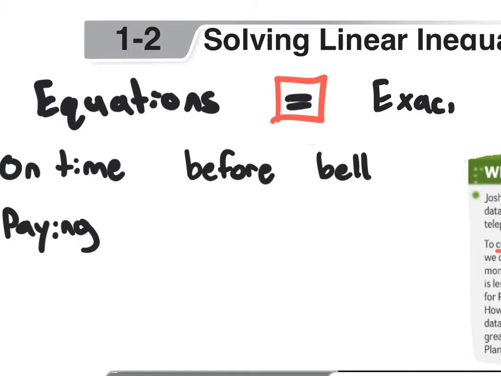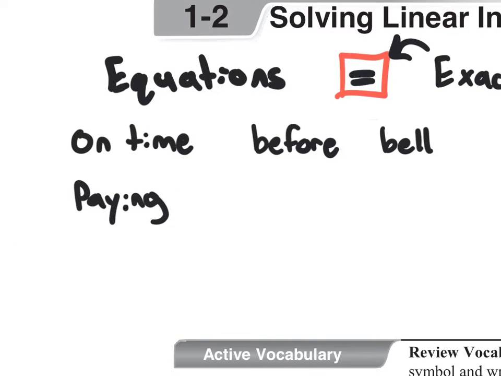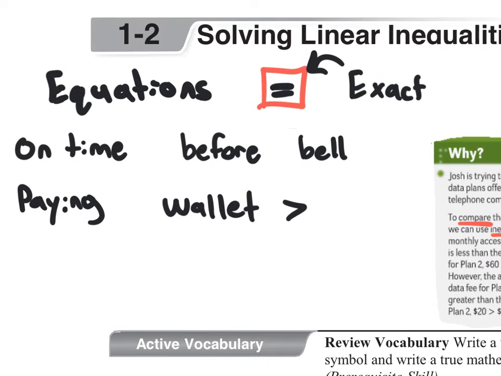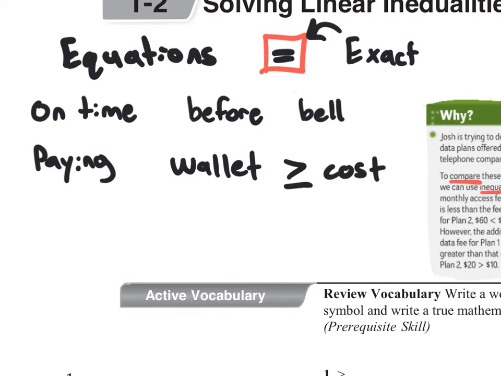Exact change would be an equation. Instead, we have an inequality where your dollar amount, let's say in your wallet or on your debit card, as long as you are greater than or equal to the cost of something, you are able to purchase it, right?